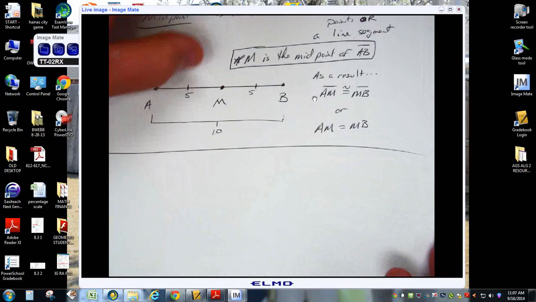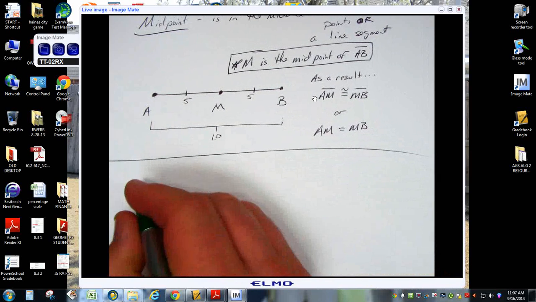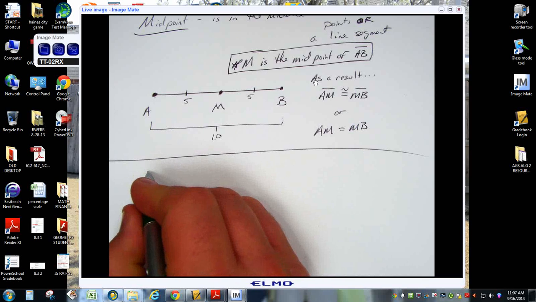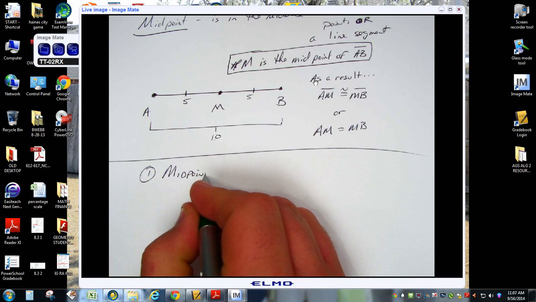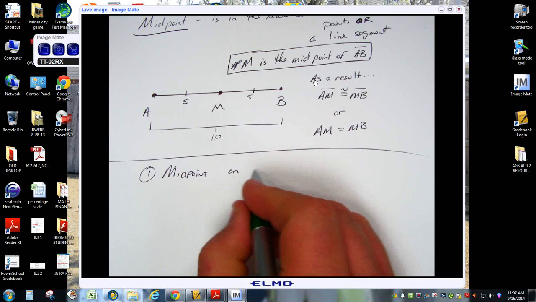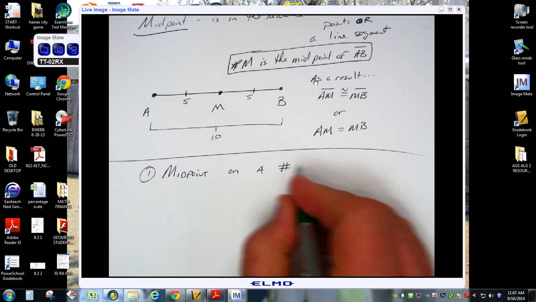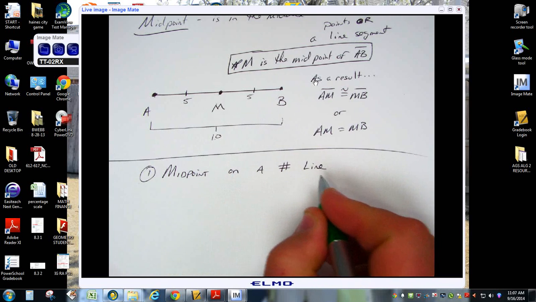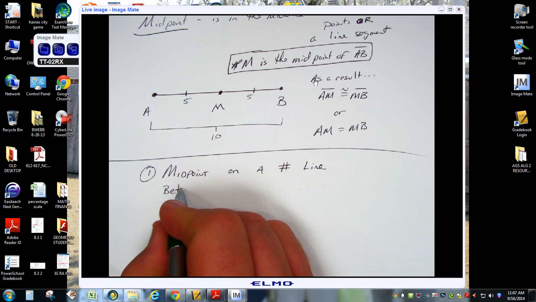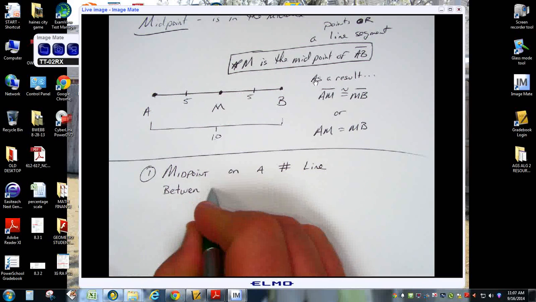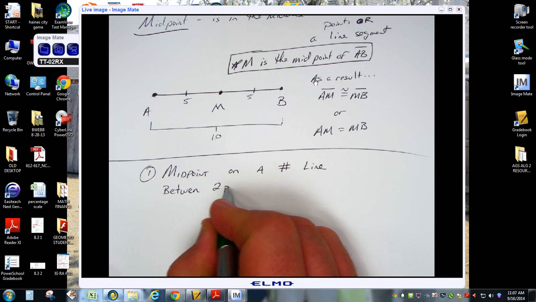Well, we're going to learn how to do two things. One, midpoint on a number line. I guess underneath here say midpoint between two points.